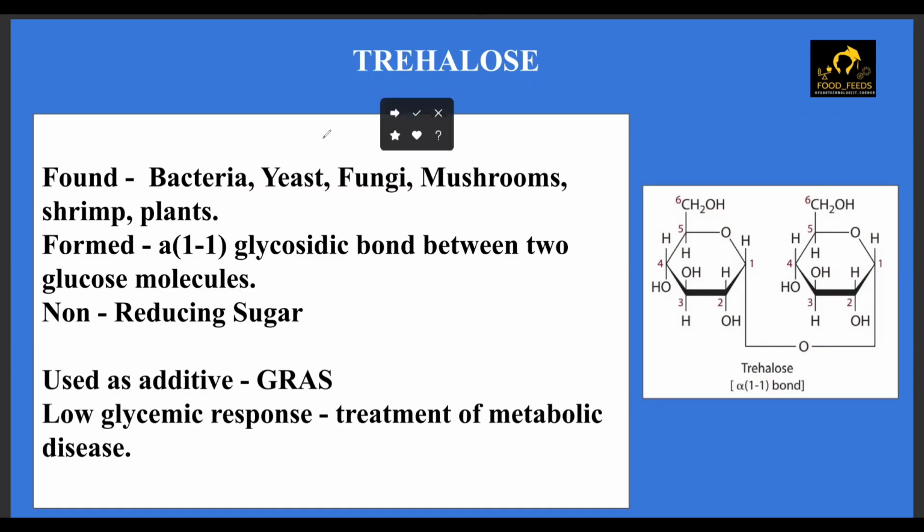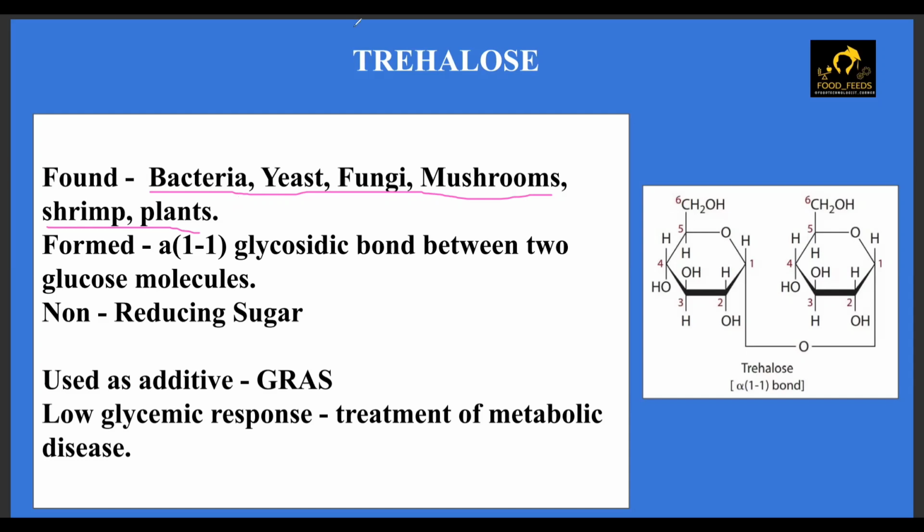The next one is trehalose, which is usually found in bacteria, yeast, fungi, mushrooms, shrimp, and plants. It is very rarely available in the human diet. It also possesses different physical and chemical properties compared to other sugars.